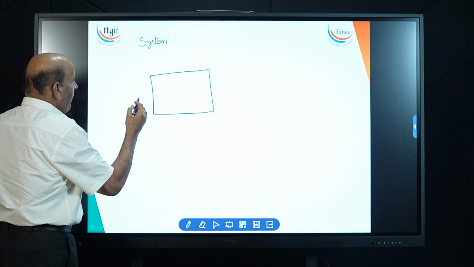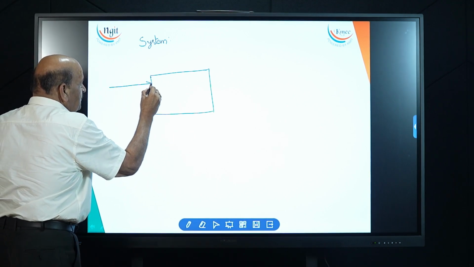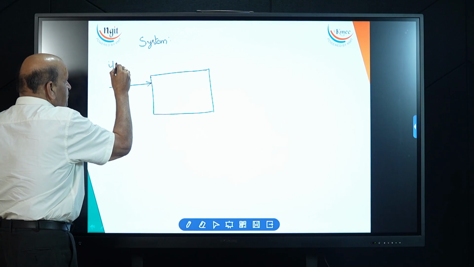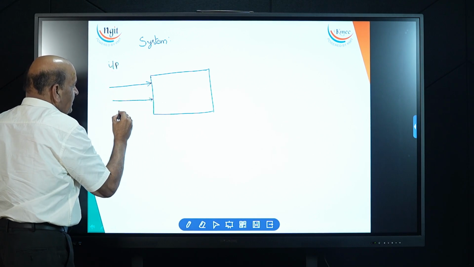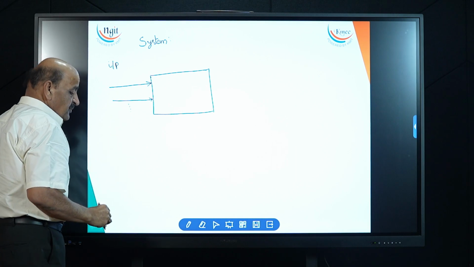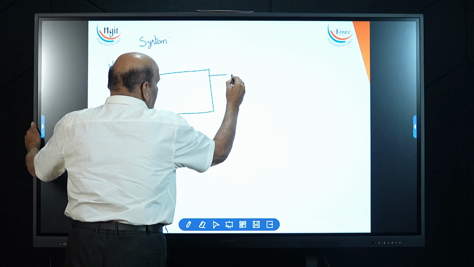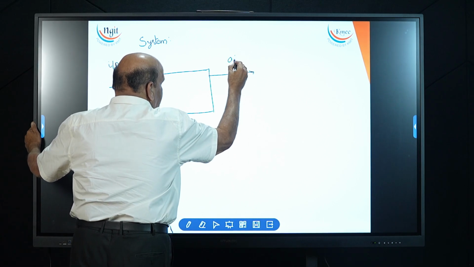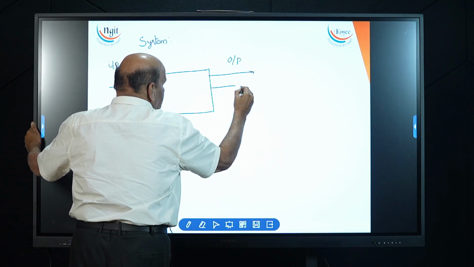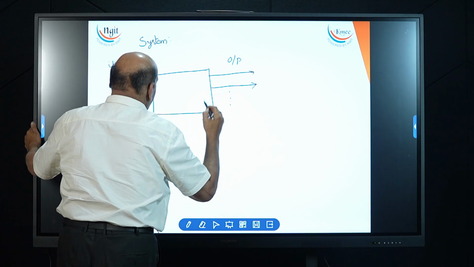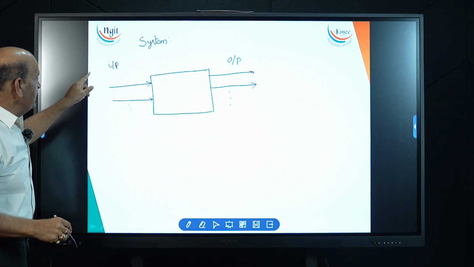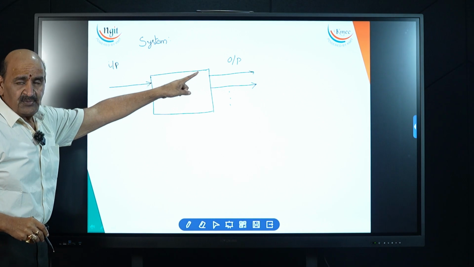Generally we give an input or inputs, and correspondingly we get outputs. This is input, that is output.